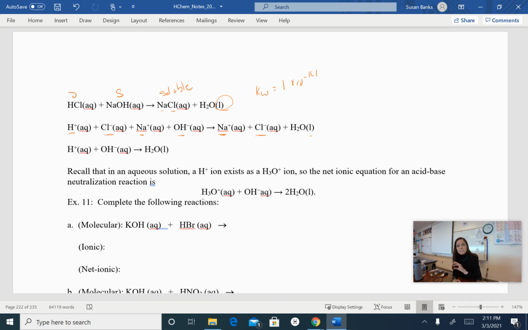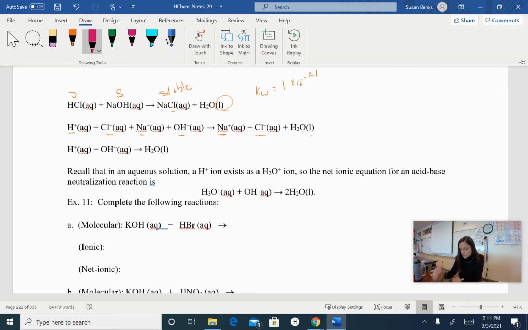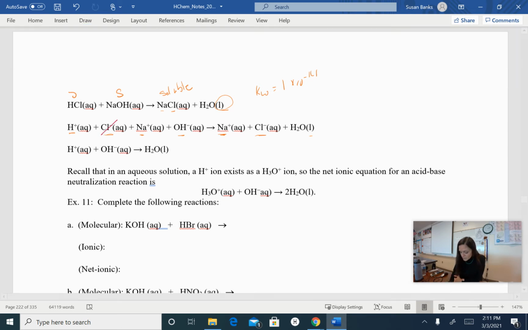Just like we did net ionic equations when we did our solubility rules, anything that is on both sides of the equation in the same quantities, we can cancel out. So let's look at some of the things that we can cancel out here. I'm going to change my color. The chlorides repeat and the sodiums repeat.